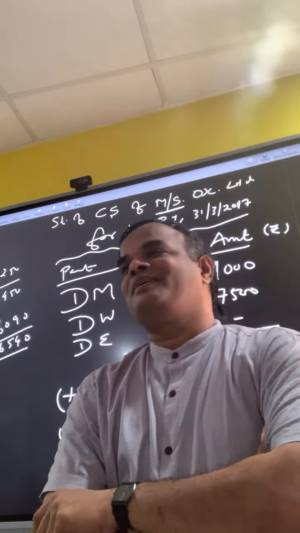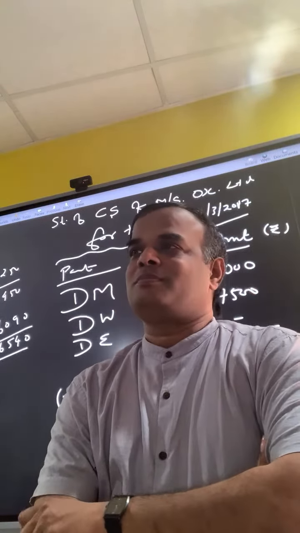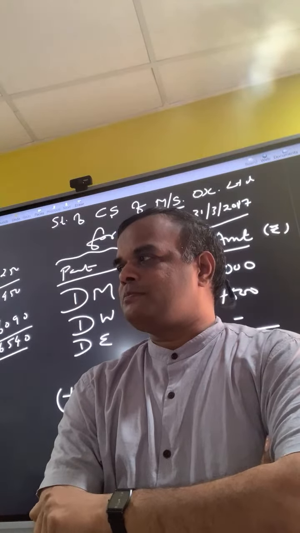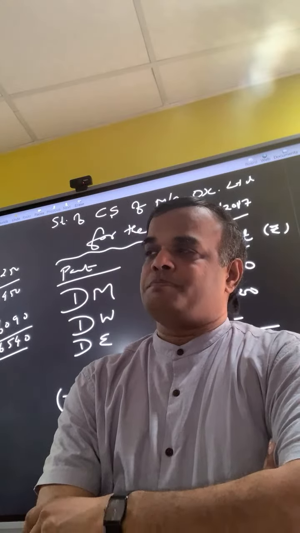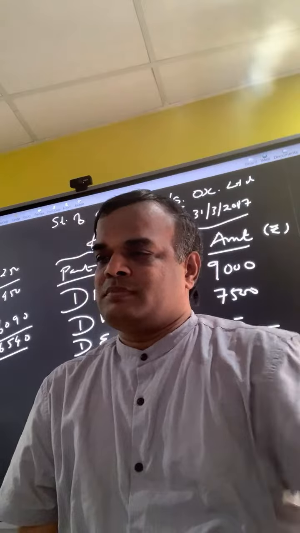Less closing stock of finished goods, total is equal to cost of goods sold. Add selling and distribution overhead, total is equal to cost of sales. Add profit is equal to sales.